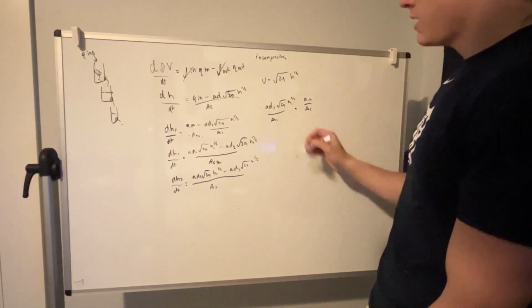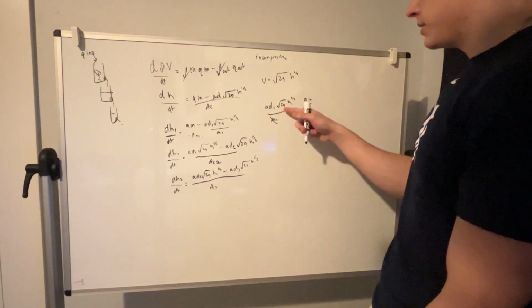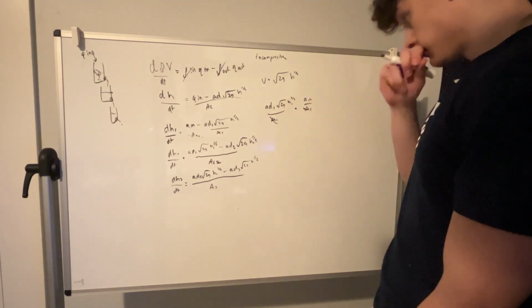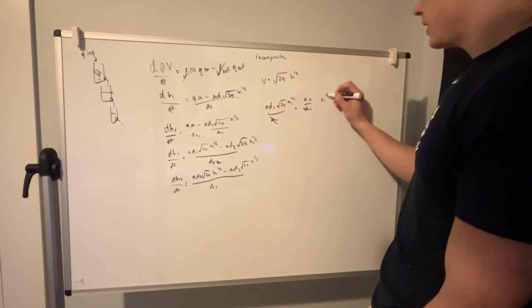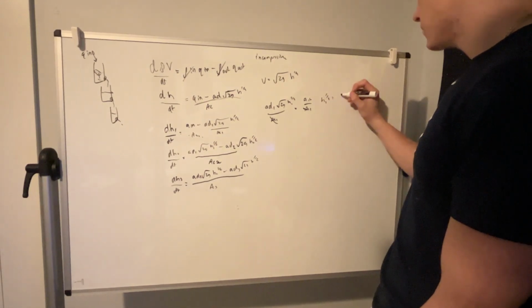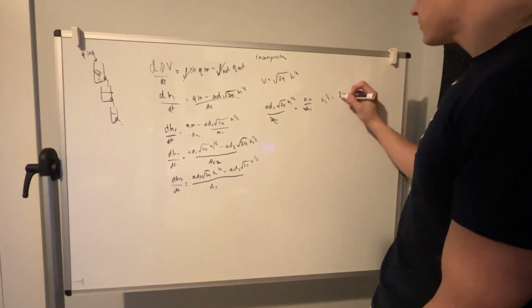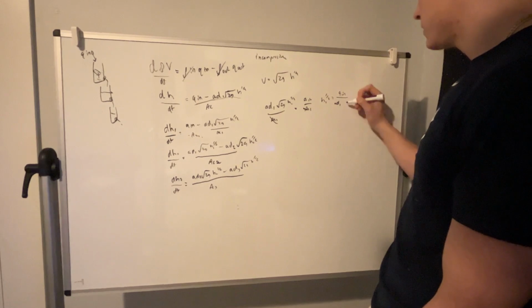We can cancel these out and divide by AD1 times the square root of 2g, which gives us H to the 1/2 equal to our Q in over AD1 times the square root of 2g.